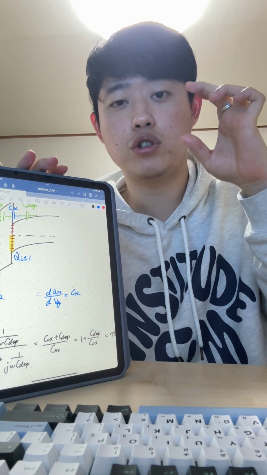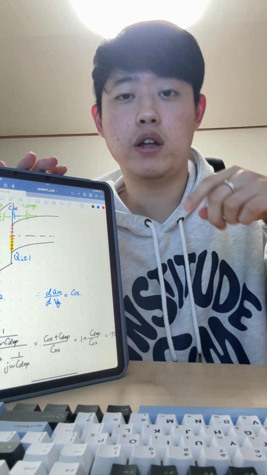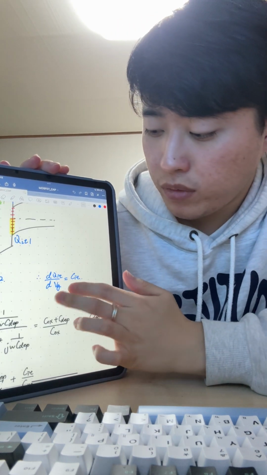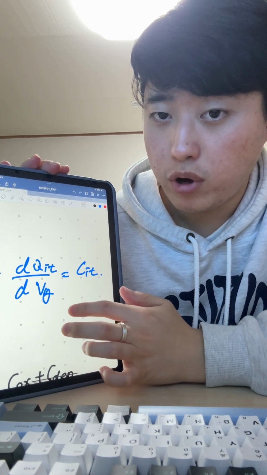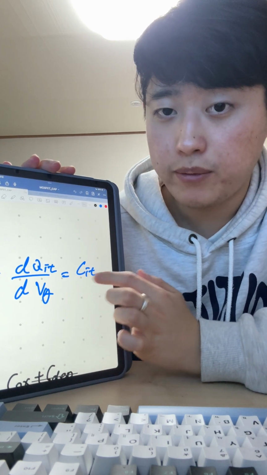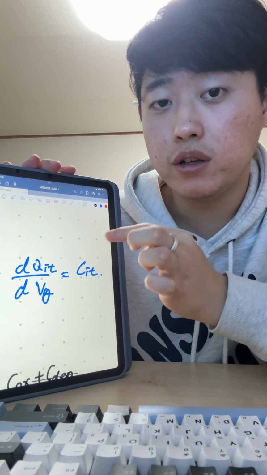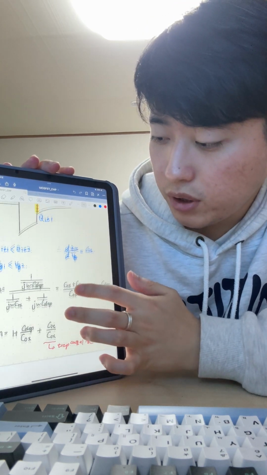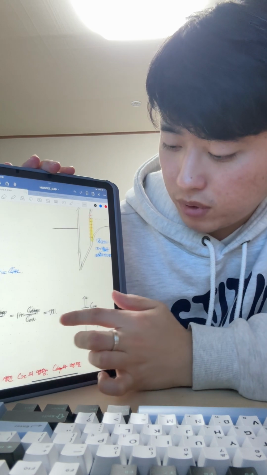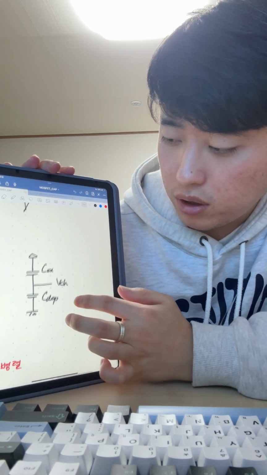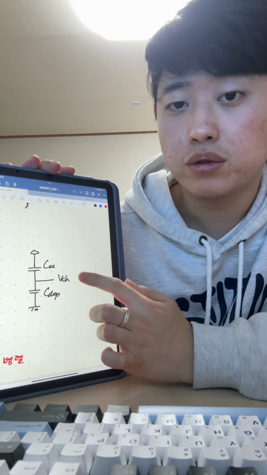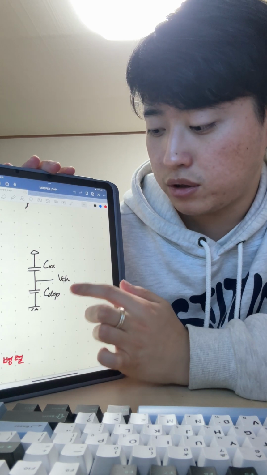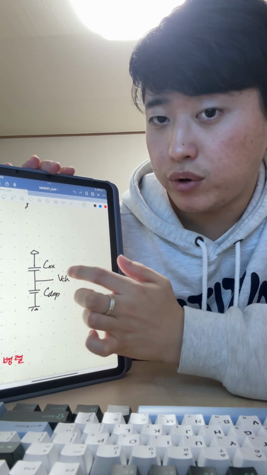QIT2 is much higher than QIT1, so the derivative with respect to Vg is capacitance, because Q is CV. Okay. And we have to talk about COX and depletion capacitance between this.